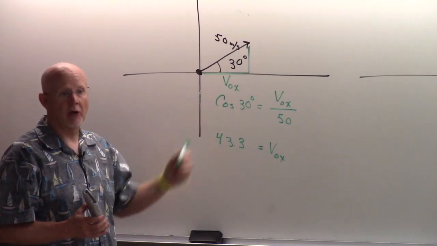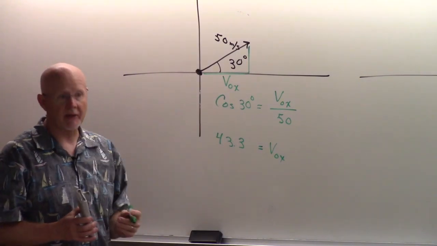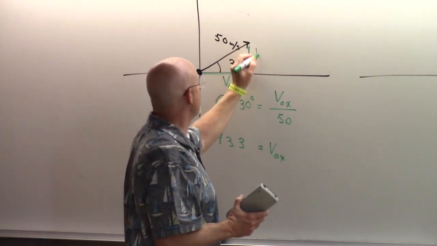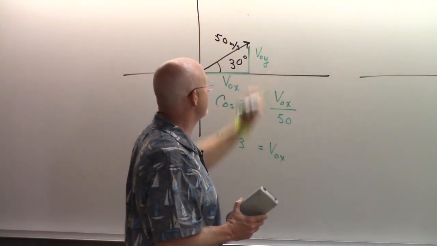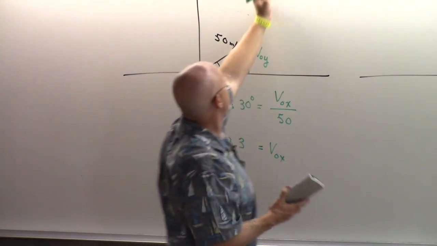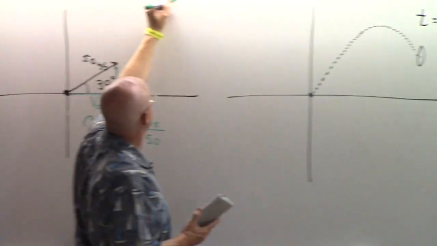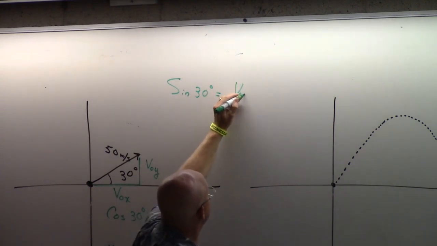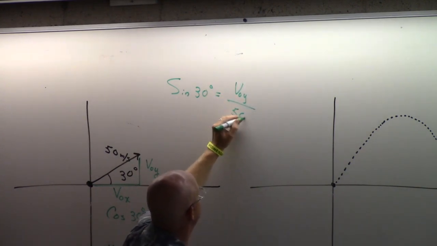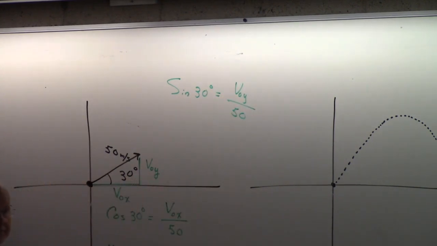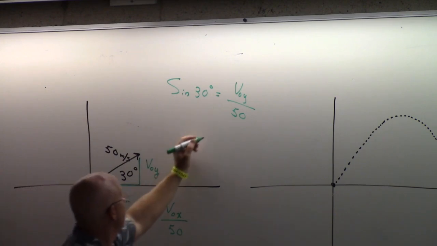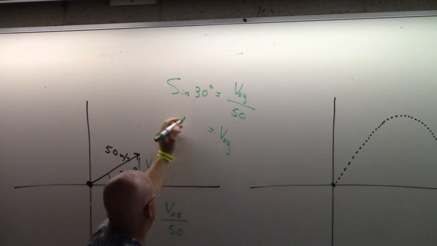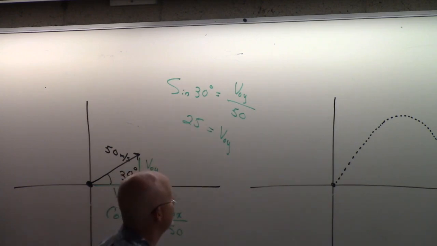So that's why we're doing all that trig, so we can put x's with x's. Now, let me also call this initial velocity in the y direction, so that I could put here sine of 30 is equal to the initial velocity in y over 50. And sine of 30 is a half, so this is going to come out to be 25.